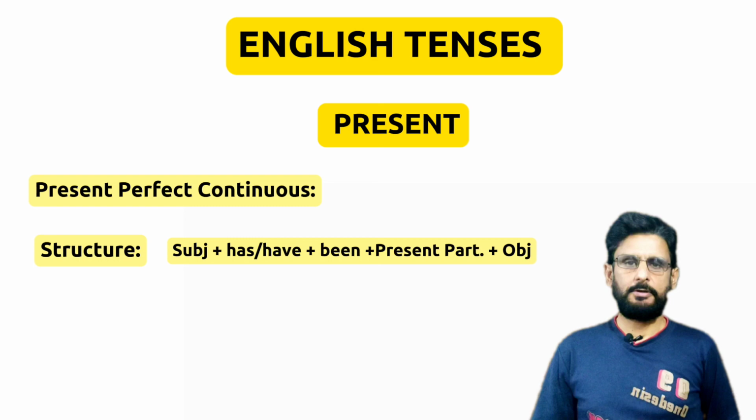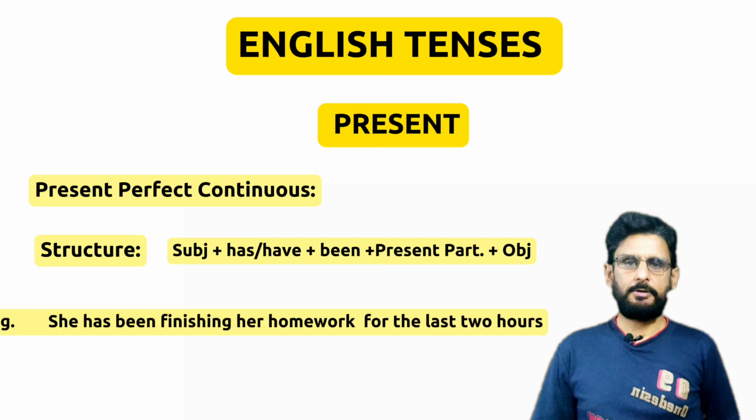Let's discuss an example of it. For example, she has been finishing her homework for the last 2 hours. So this is the example of it. It has all the basic ingredients of the structure of present perfect continuous tense.